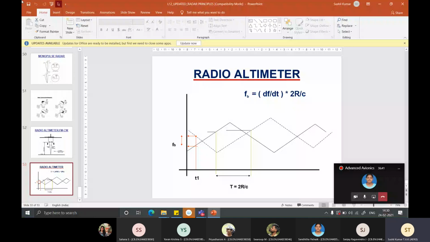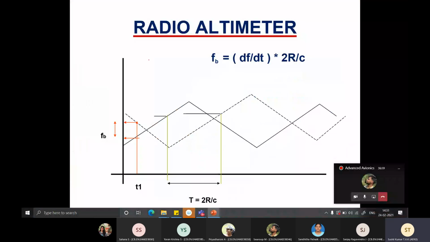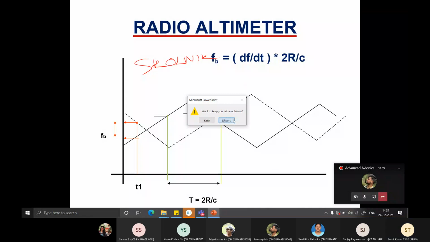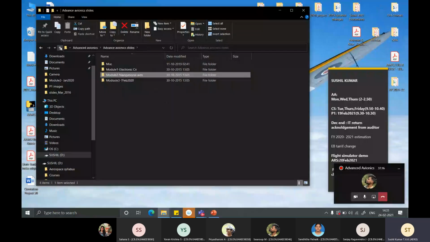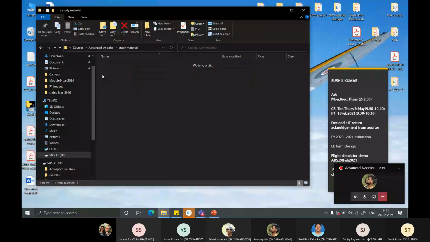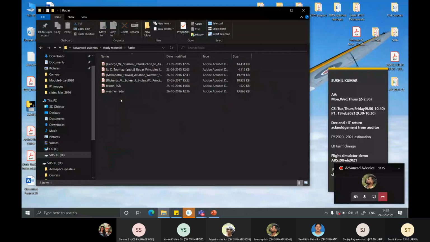People who are really interested in learning about radars, there's a famous book called Skolnik.